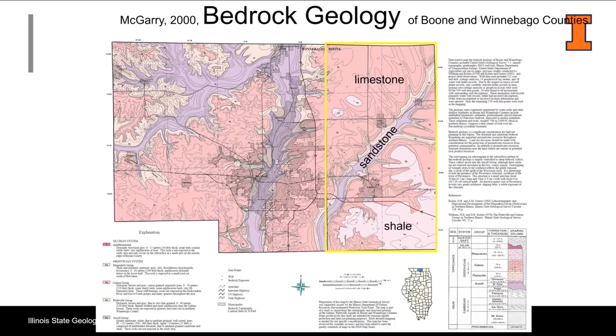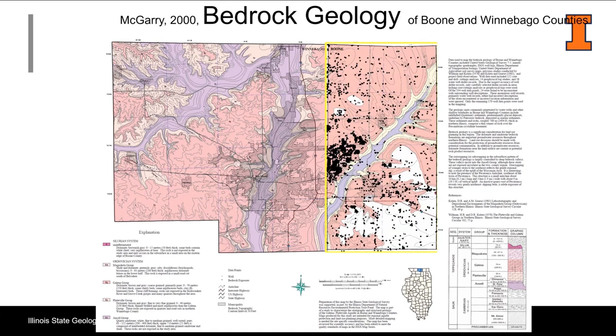So this is an older map, about 25 years old now, of an estimate of what the bedrock surface looks like, where limestone on the outside of that valley incises down into the sandstone. And this is an interpretation. This is not a measurement. This interpretation shows that Troy Bedrock Valley incises all the way down into the sandstone, all the way across the county.